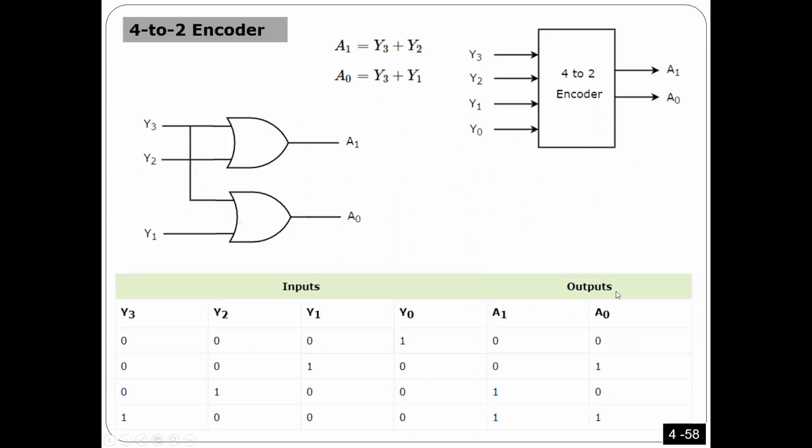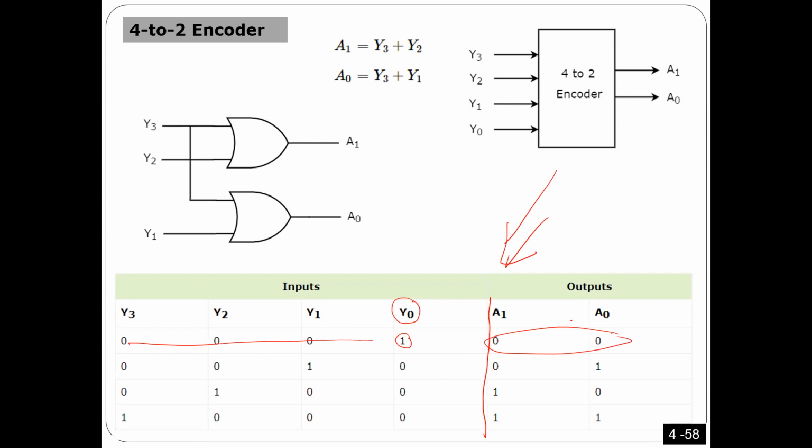For example, I'm going to start with a 4 to 2 encoder. We have 4 inputs and 2 outputs, and this is active high. Let's look at the truth table. This is the input. If Y0 is 1, everyone else should be zeros, and the output has to be number 0 in binary.